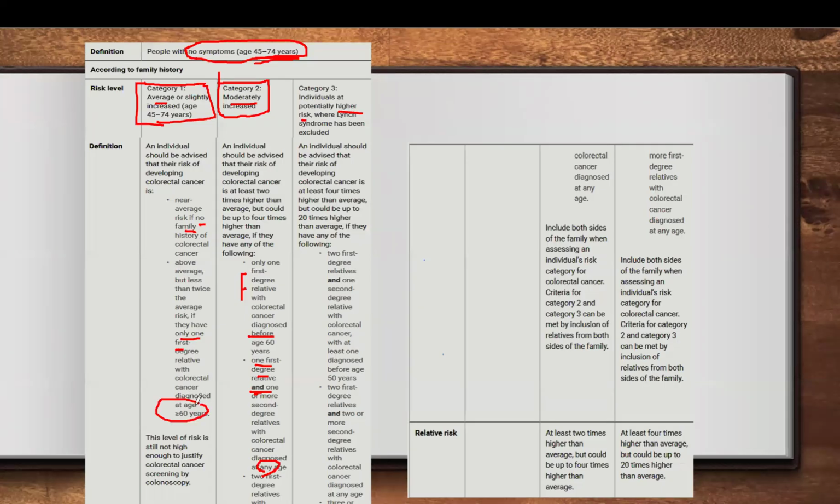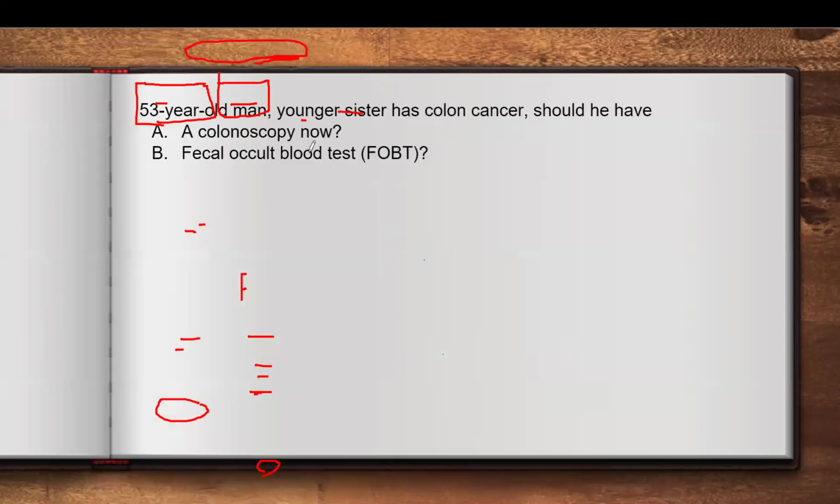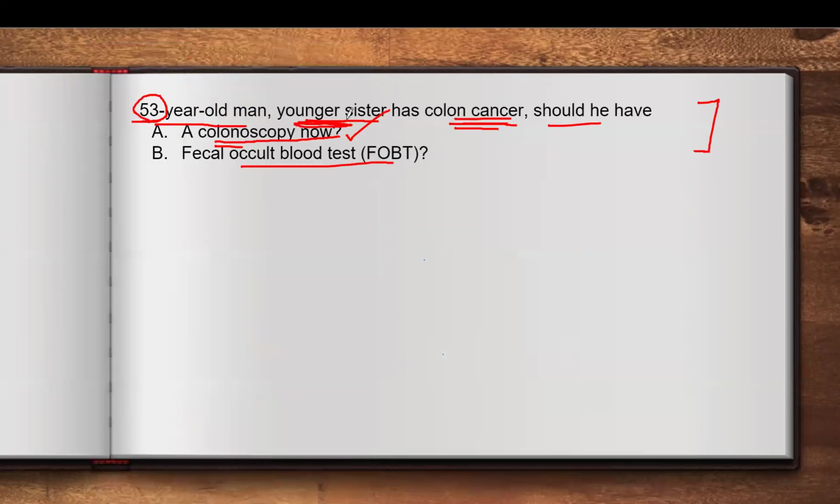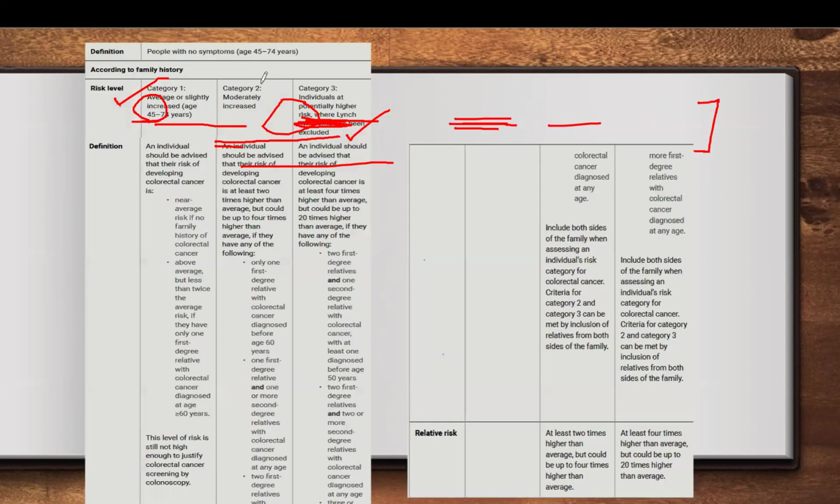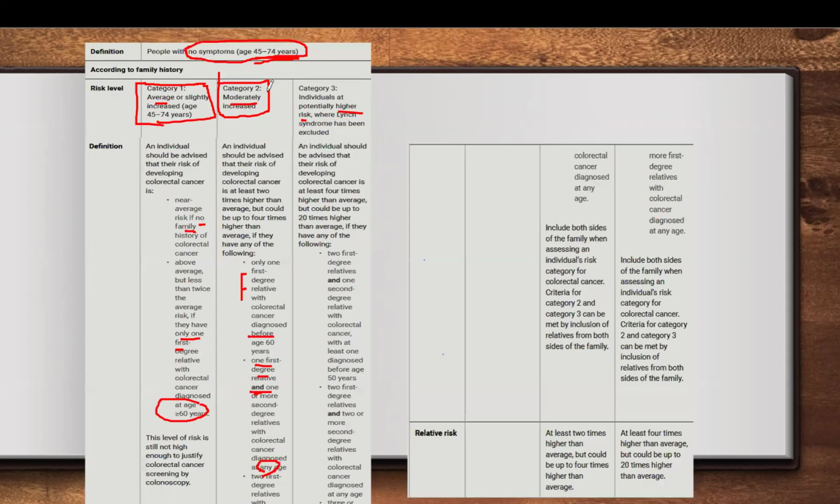In this scenario, if the sister was older, for example 61 years old, then this patient would lie under category 1 and would be having FOBT regularly every 2 years. So it is the age that makes this patient at moderately increased risk. And for moderate risk and high risk, we do not do FOBT, we do colonoscopy.